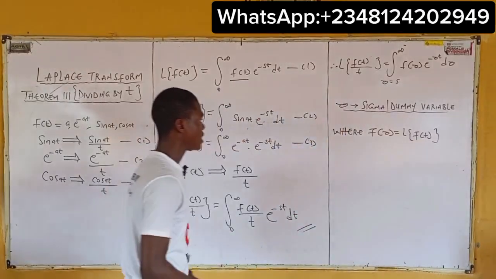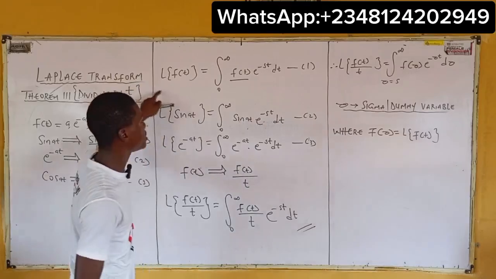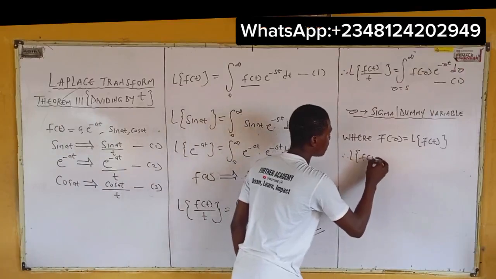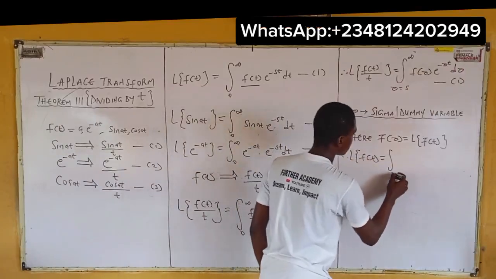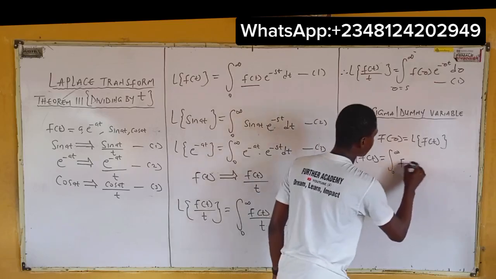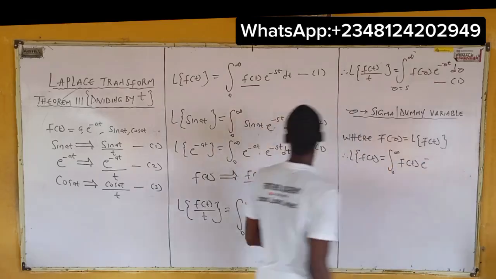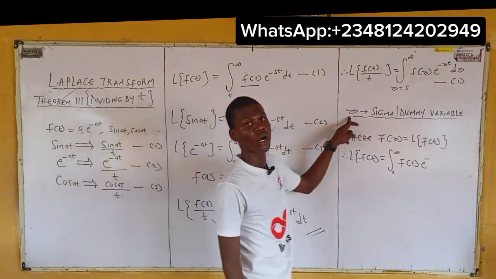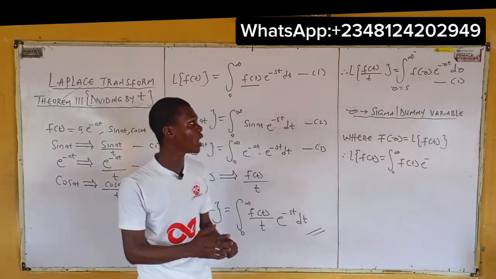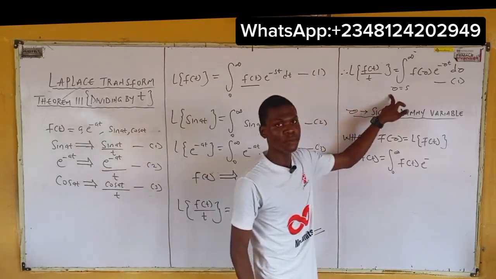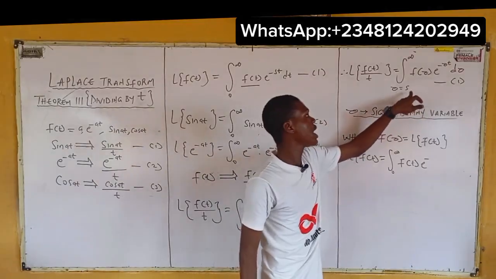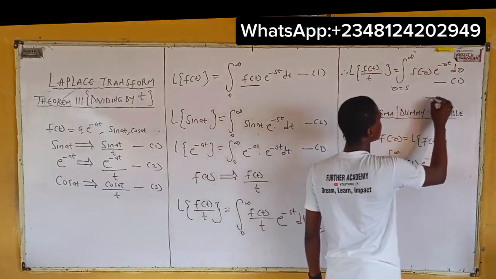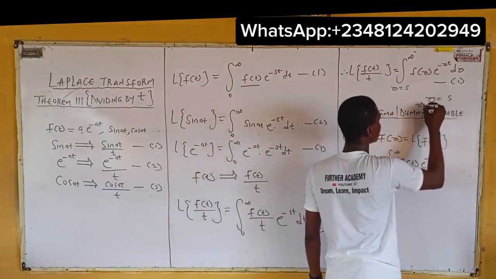Because we defined the Laplace transform of f of t as the integral from 0 to infinity f of t exponential negative, this is our usual Laplace transform of f of t. But in this case, we'll be using a dummy variable, sigma, and we've defined sigma is equal to x, or x equals sigma, meaning they are similar, right?